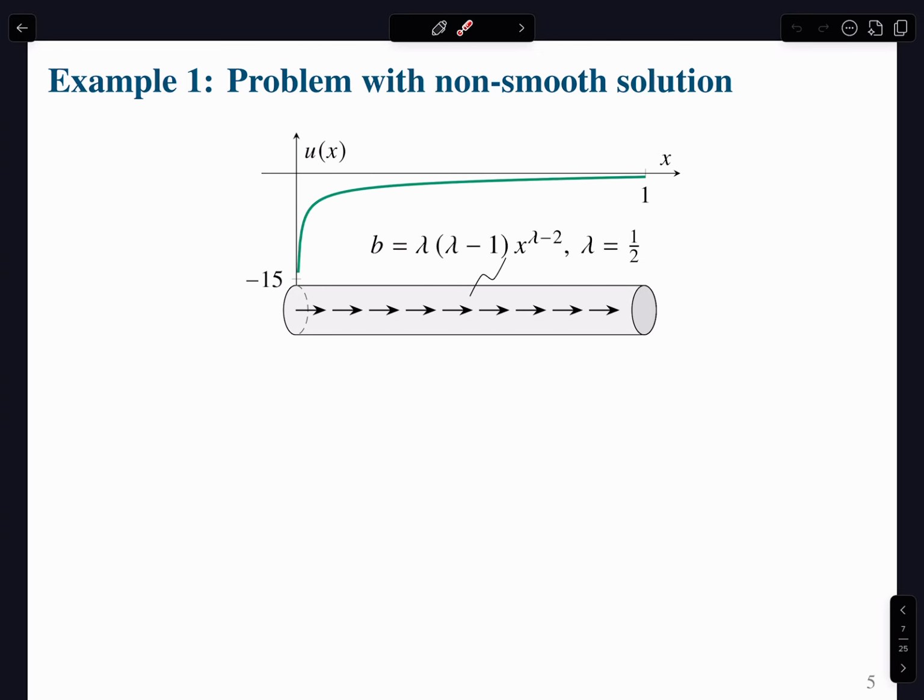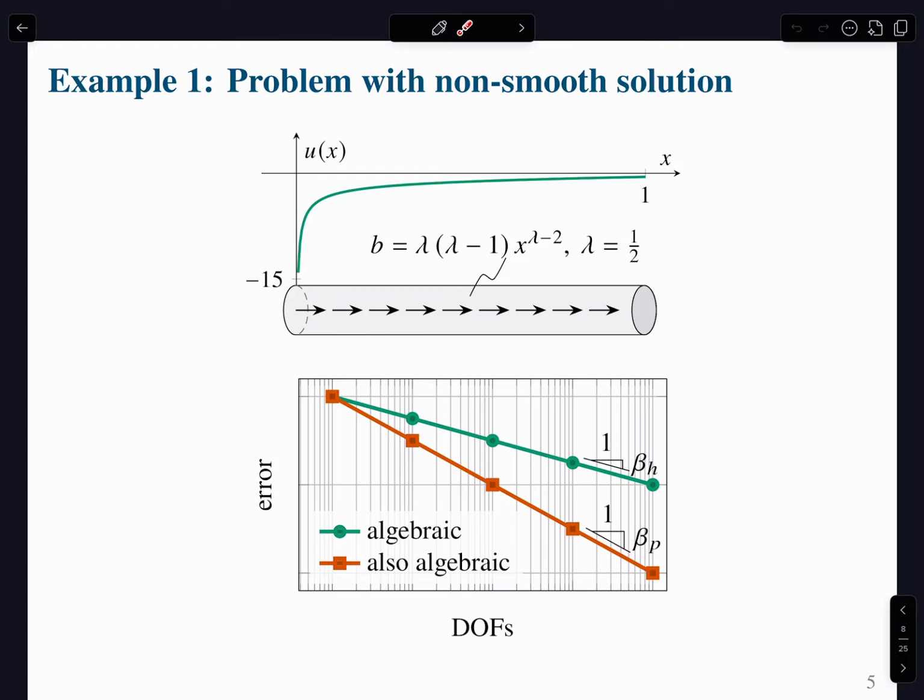Now, if we take a look at this problem, right? The exact solution has some sort of singularity, right? So as we approach x equals 0, then for that particular shape of the load per unit length, this goes to -infinity, right? And this is a so-called non-smooth problem.